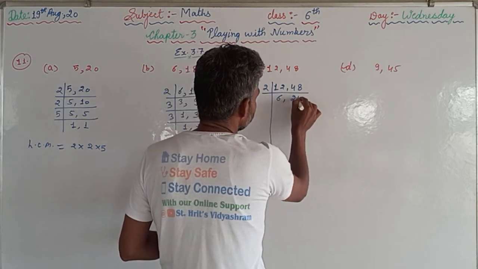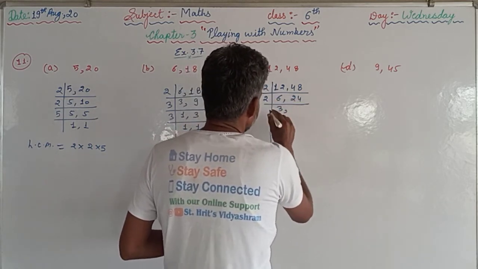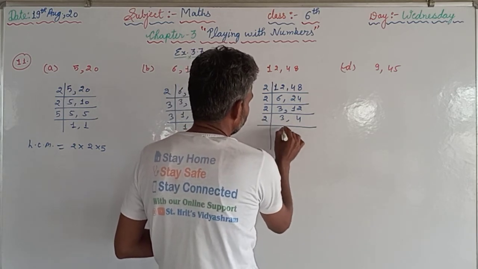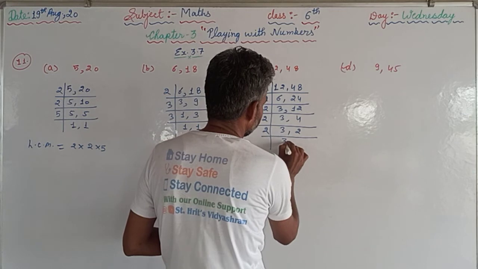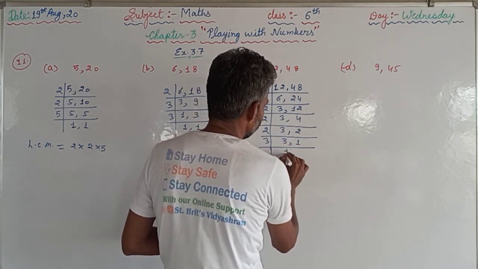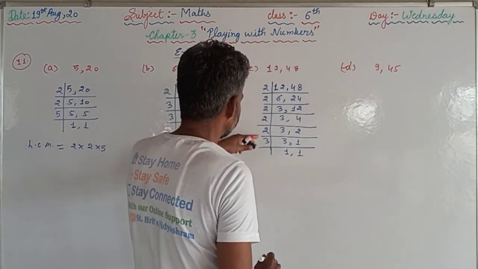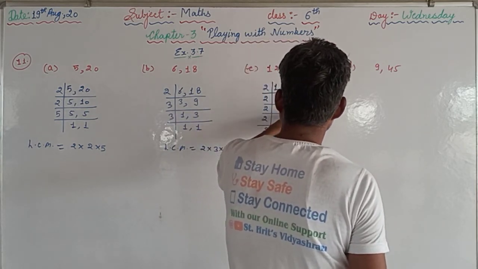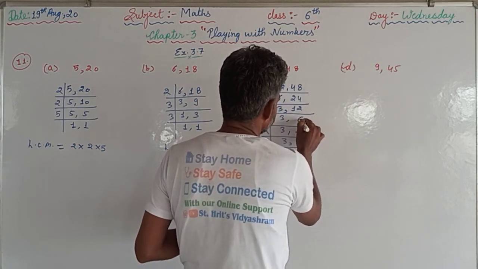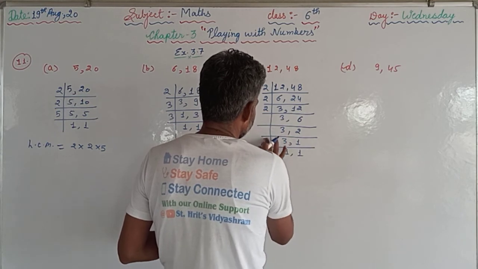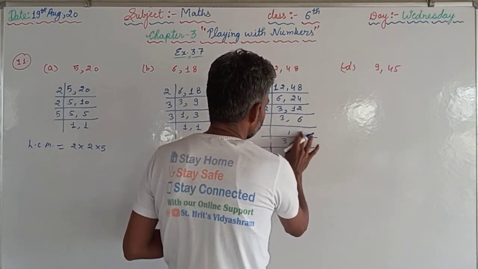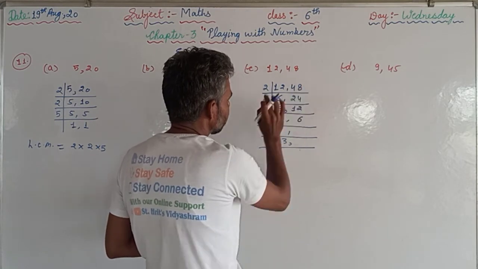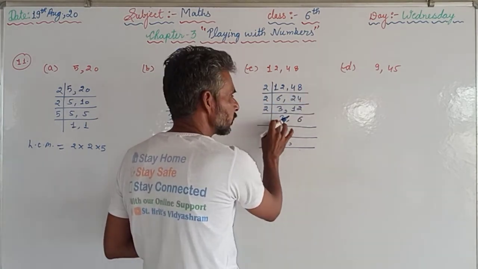2 sixes are 12, 2 twenty-fours are 48, 2 threes are 6, 2 twelves are 24, 2 threes comes like this, 2 sixes are 12.